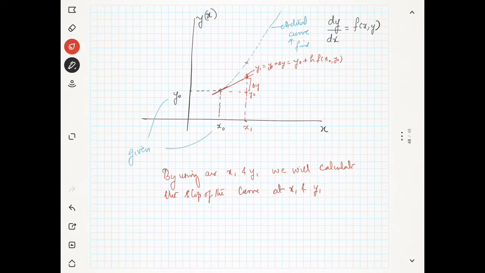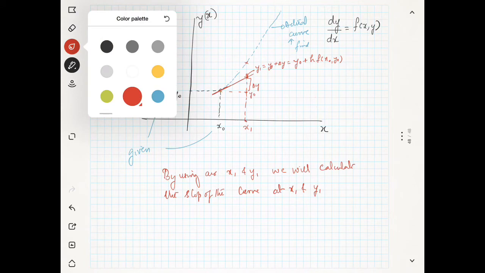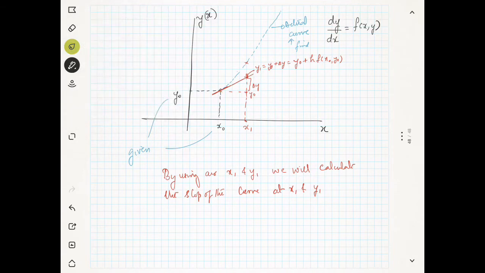So you may get something like this. If you calculate the slope of the curve at x1 y1, you will get something like this.